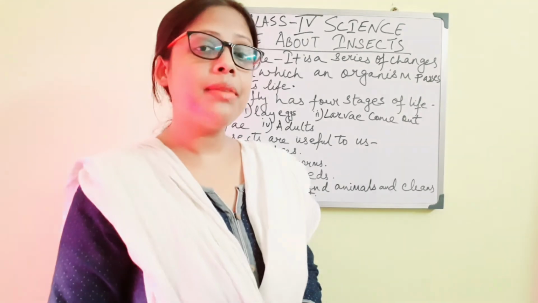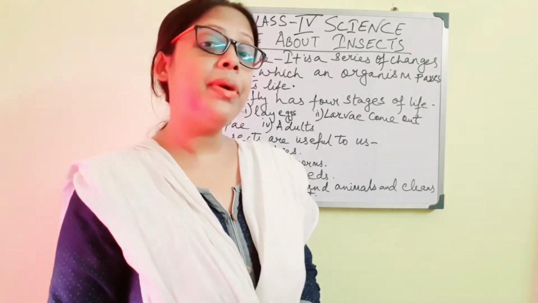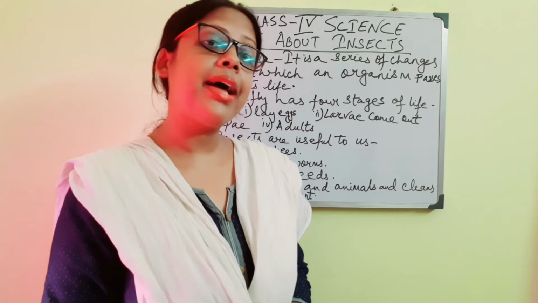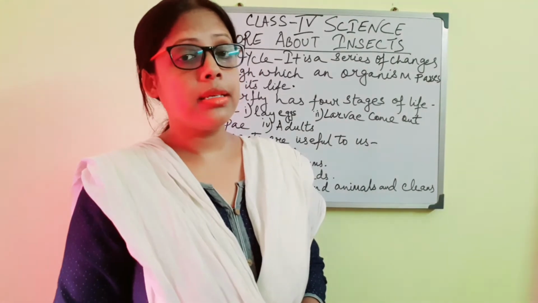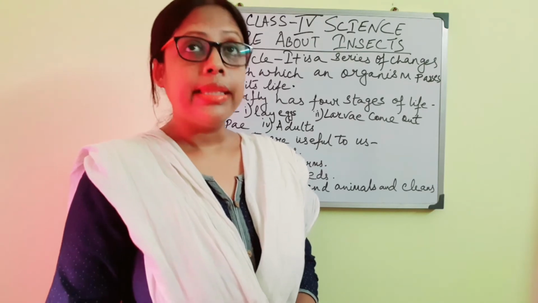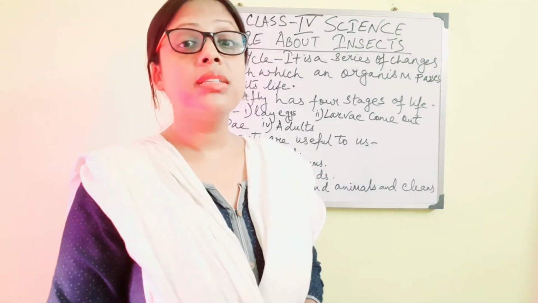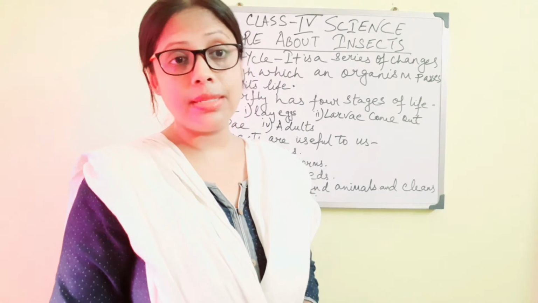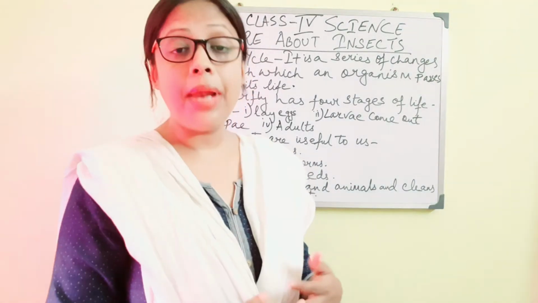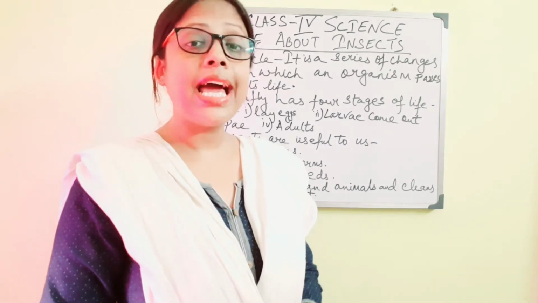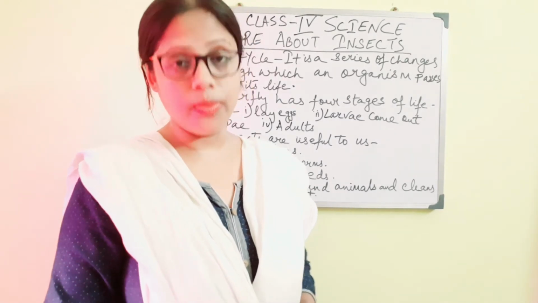Now there are some insects who help us in cleaning the environment. How do they help us in doing this? They feed on dead organisms. These dead organisms can be dead plants or dead animals also.